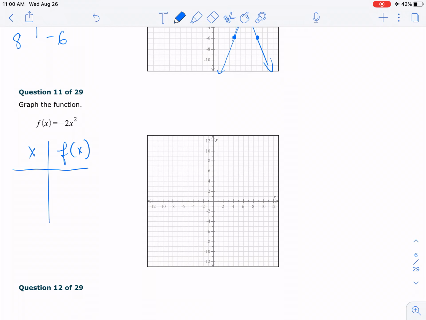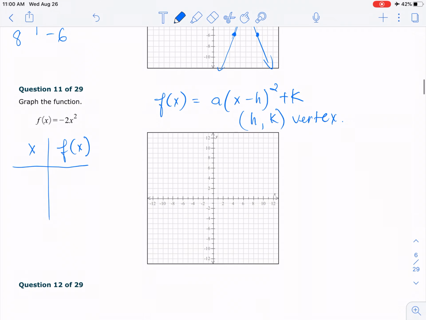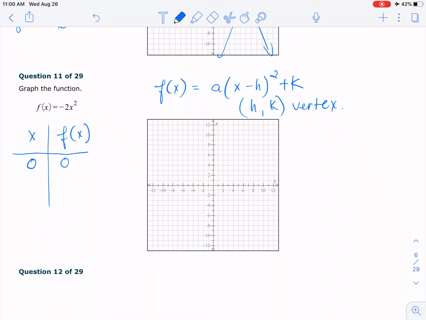For the parabola, this is our standard form, plus k. So (h, k) is the vertex. As you can see right here, the vertex is going to be (0, 0). So if you plug in 0, you're going to get 0 for y.